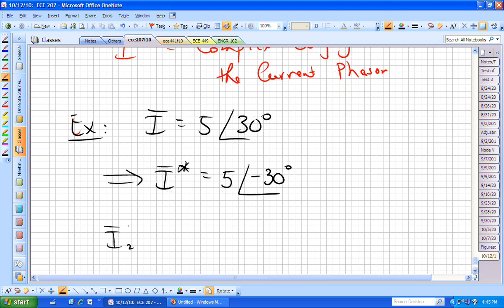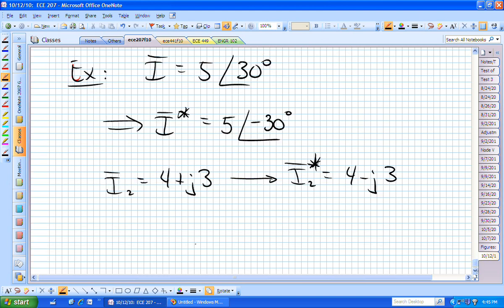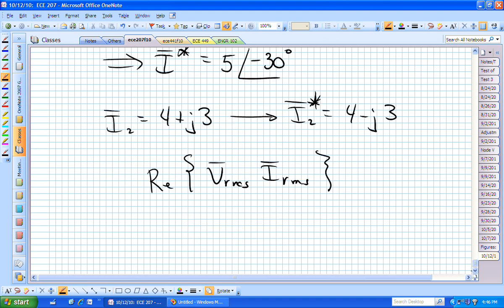Suppose I said, oh, here's I2, that's 4 plus j3. Is everybody familiar with that? Now all I've done so far is found the real part of this complex voltage times the complex current. I want to actually just look at the complex power, which is all of that.